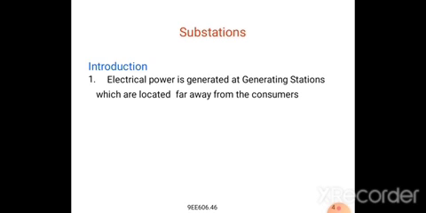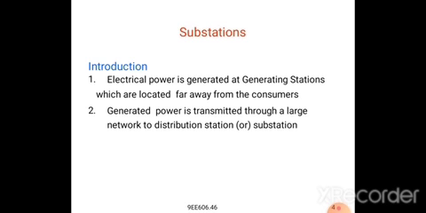So what is a substation? Electrical power is generated at generating stations which are located far away from the consumers, and this generated power is transmitted through a large network to a distribution station or substation.